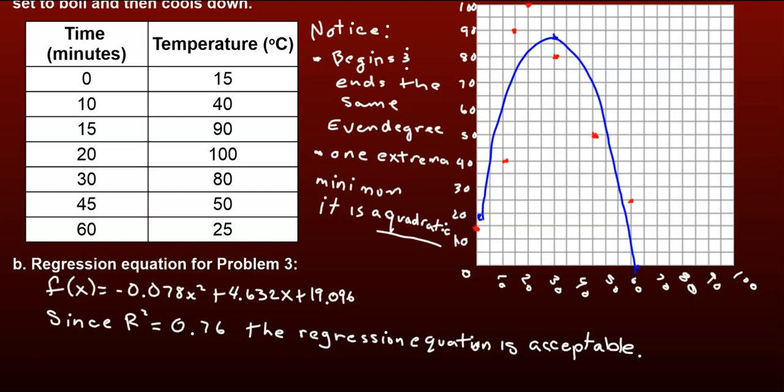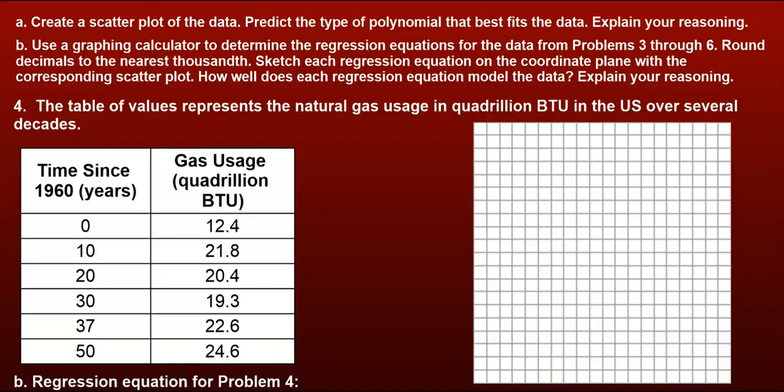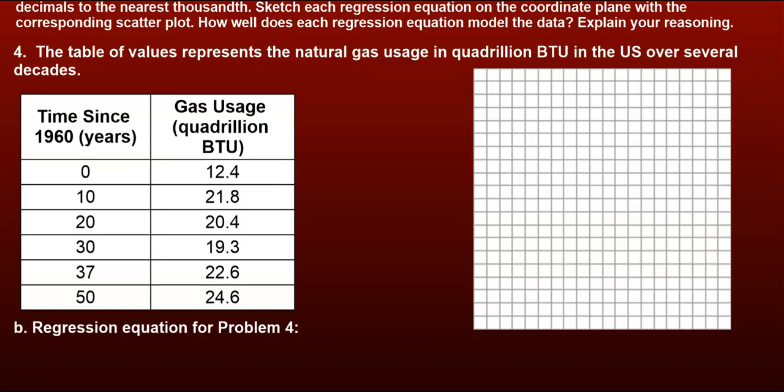All right, well with that, I'd like you to try number 4 on your own, and then you can unpause the video and check and see how you did. Although before you do pause it, let's just take a quick second and talk about how I got my numbering on the last graph.